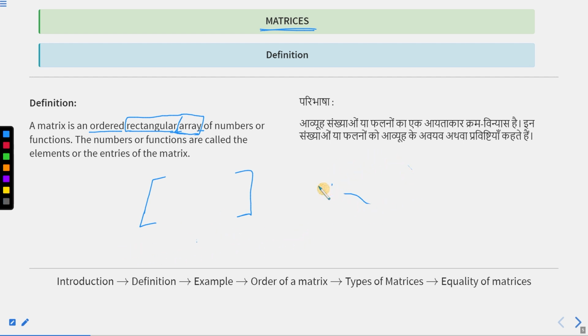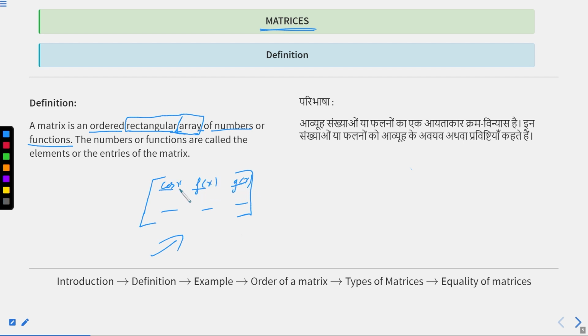And your elements will be in here. So far so good. It is an array of numbers, or even they can be functions. You can put your functions like cos x, sin x, f(x), g(x), anything.